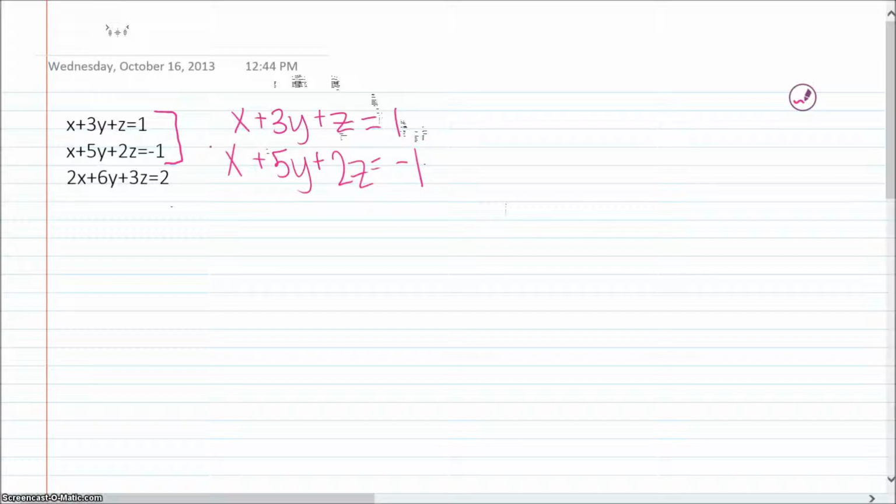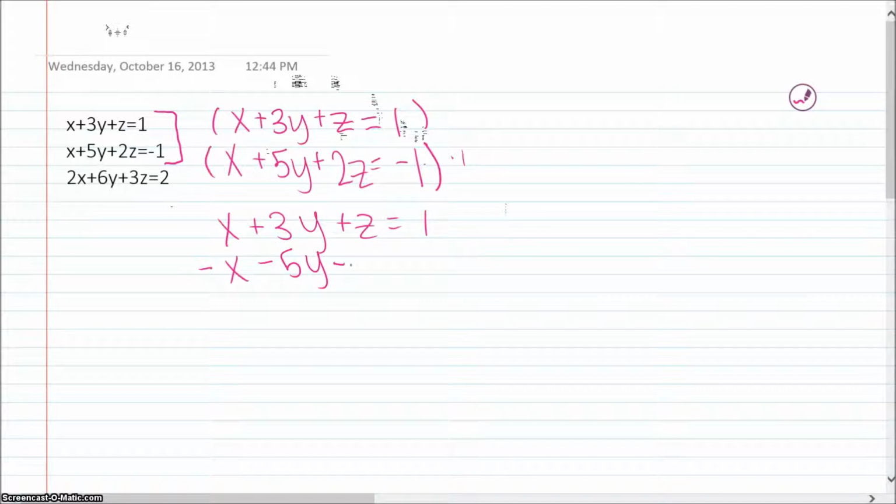So I'm just going to put some parentheses around here. Okay, and we are canceling out the x variable. So I'm rewriting the equations.